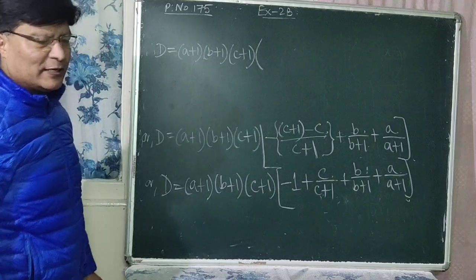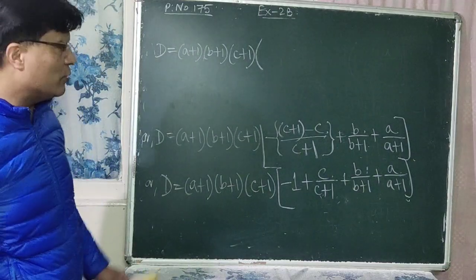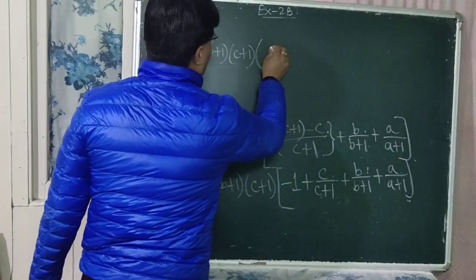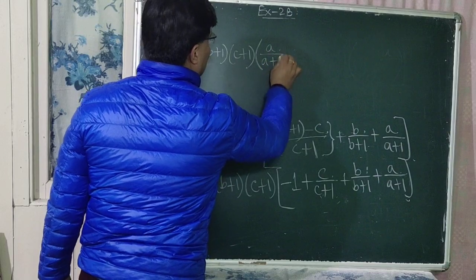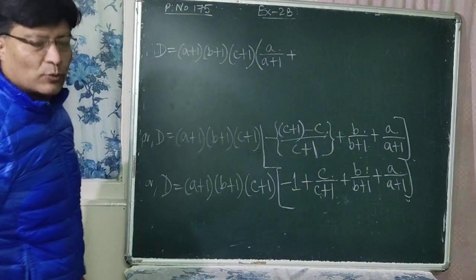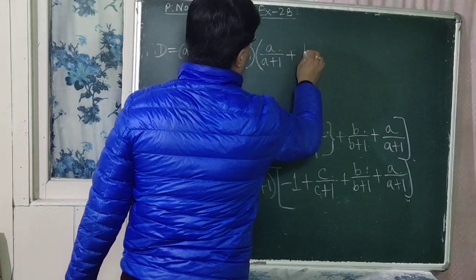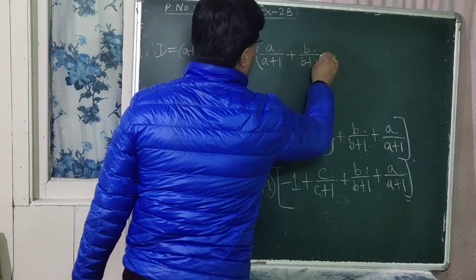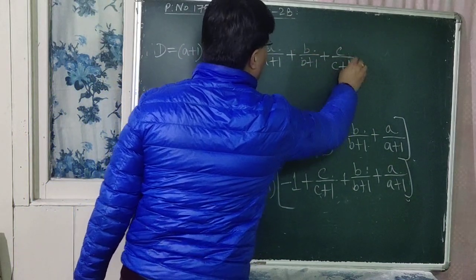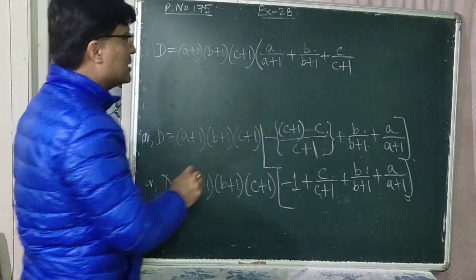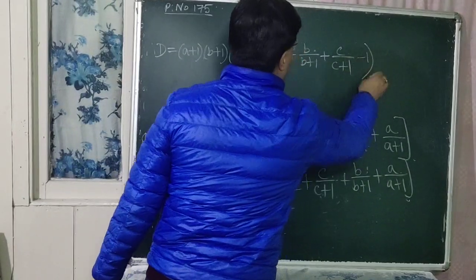And within the first bracket, or you may write it within the third bracket also, okay? So write down a by a plus 1 as the first term, plus, what is the second term here? It is b by b plus 1 plus c by c plus 1. Then the last term is minus 1.